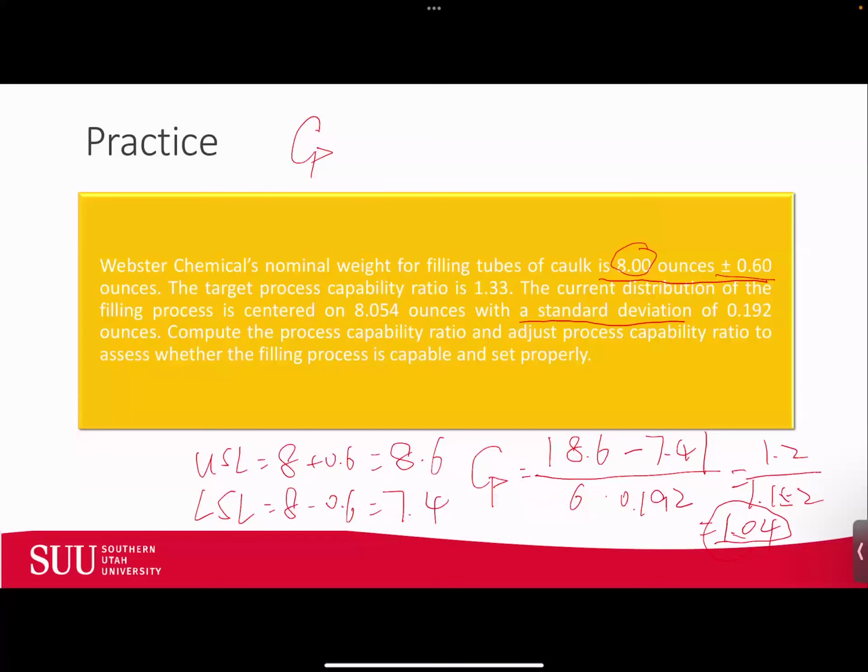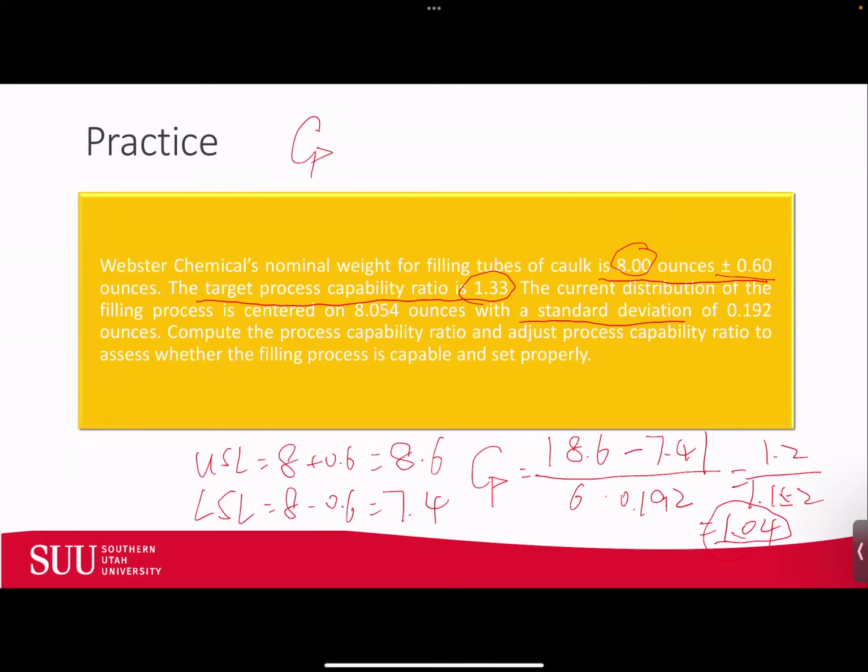Yes, exactly. But if we go back to the problem information here, the target process capability ratio is 1.33. So besides saying the process is capable, you also need to mention that it doesn't meet the target because the target is over 1.33. It's kind of a higher standard.